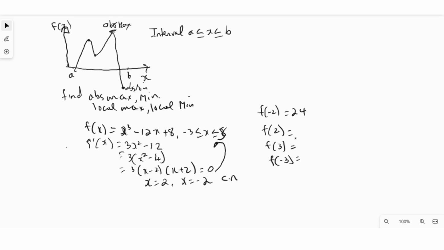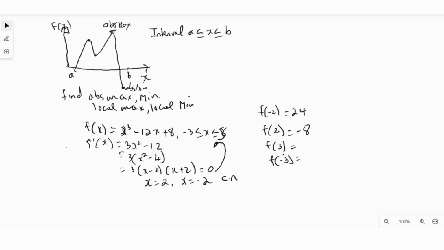Then substitute 2 here, which will be 8 plus 8 is 16, 16 minus 24 is -8.